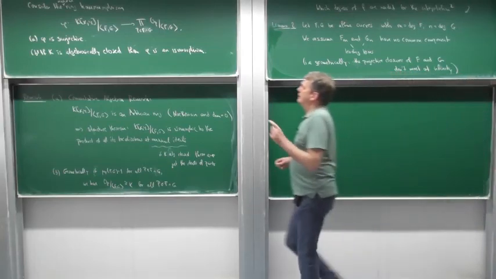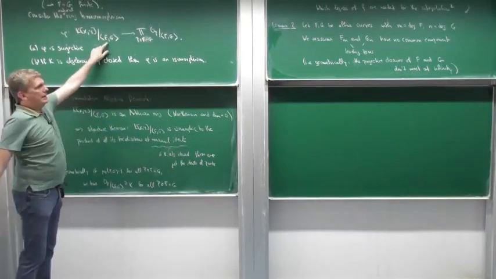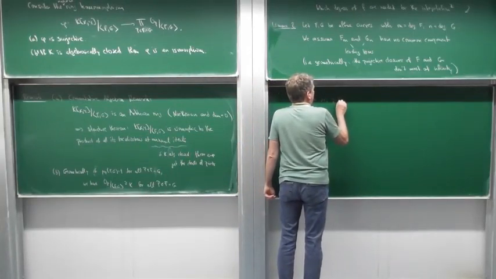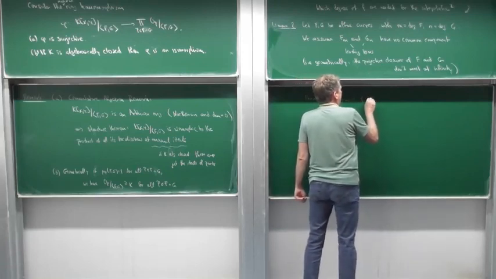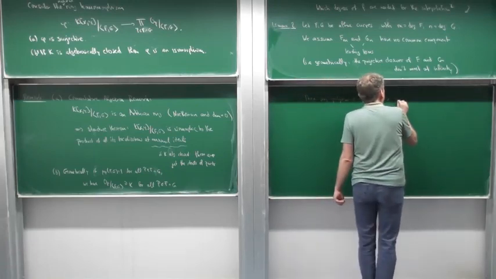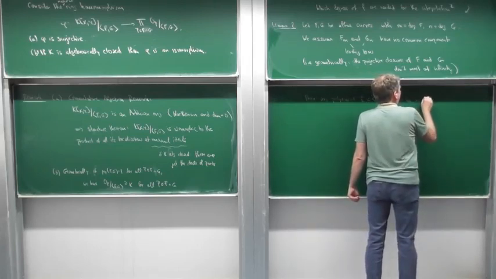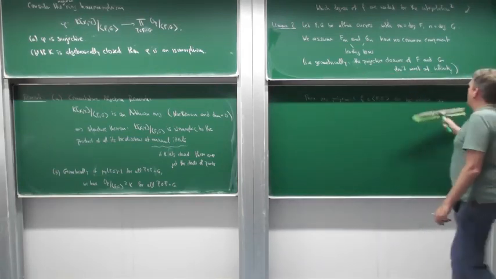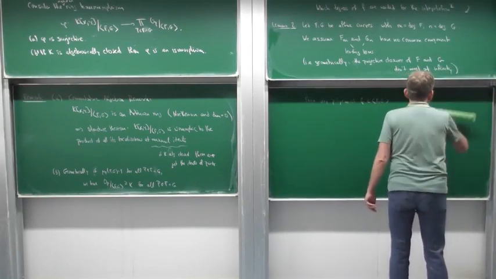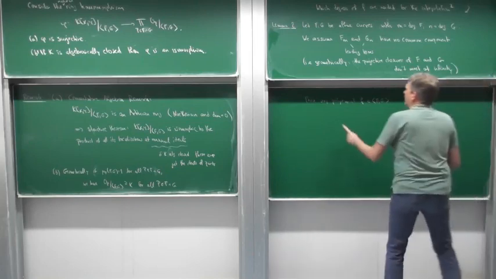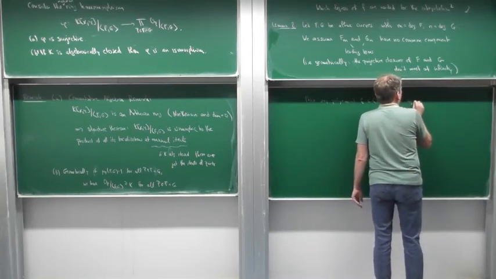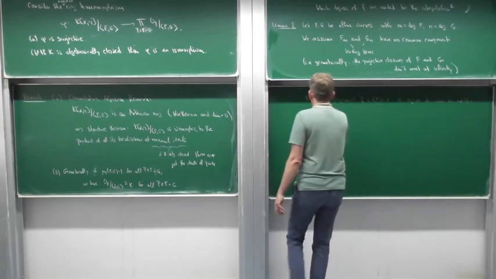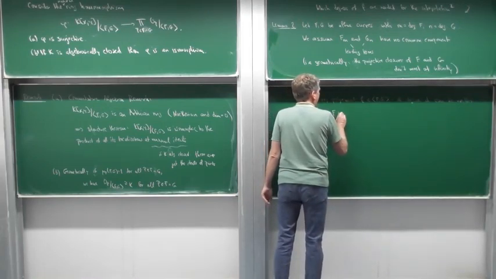Then the statement here is that if I take a polynomial in this ideal (F,G), call it little f, of degree d, then f can be written as f = A·F + B·G.